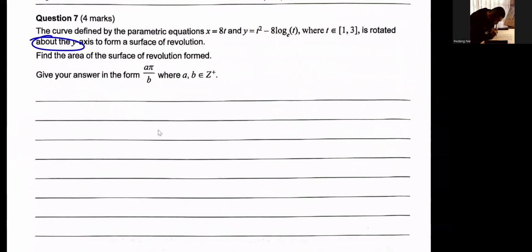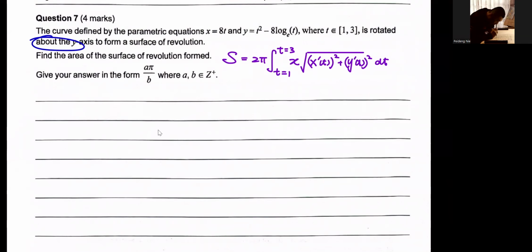So if it's around the y-axis, surface area is 2 pi integration from t equals 1 to t equals 3. We will make an x here, and then square root of x dash t bracket square plus y dash t bracket square dt. Okay, so this is what I'm going to do.